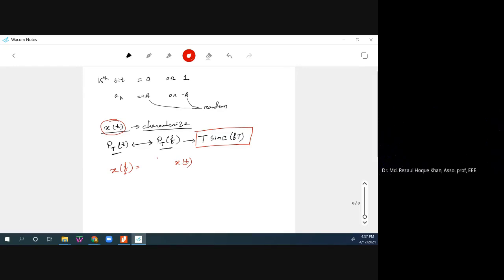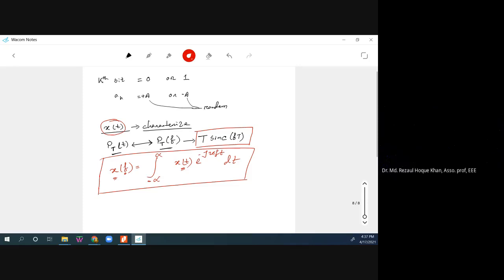I will multiply it with e to the minus j 2 pi f t and integrate over minus infinity to plus infinity. This expression will give me the Fourier transform of x(t). The time domain signal will convert to the frequency domain signal, right?